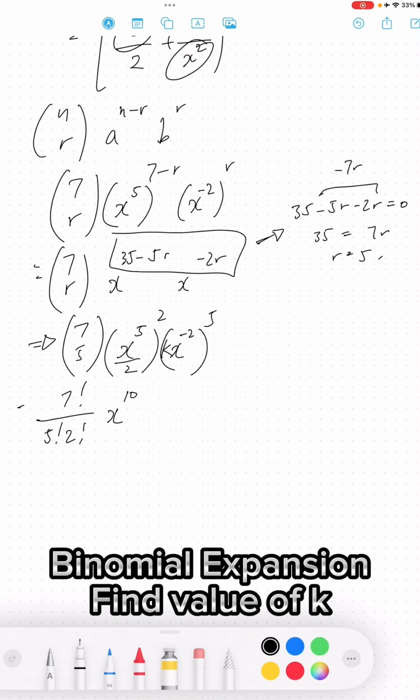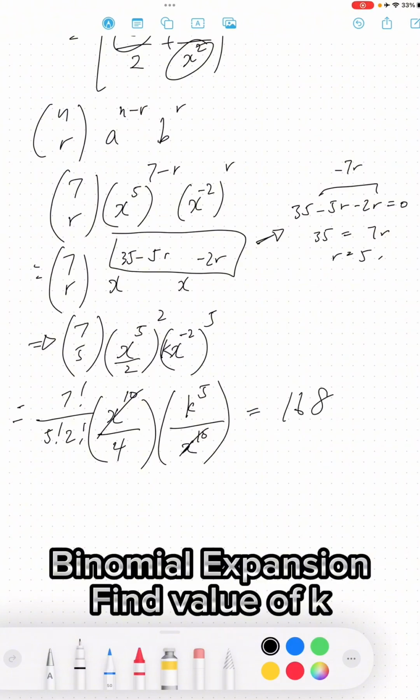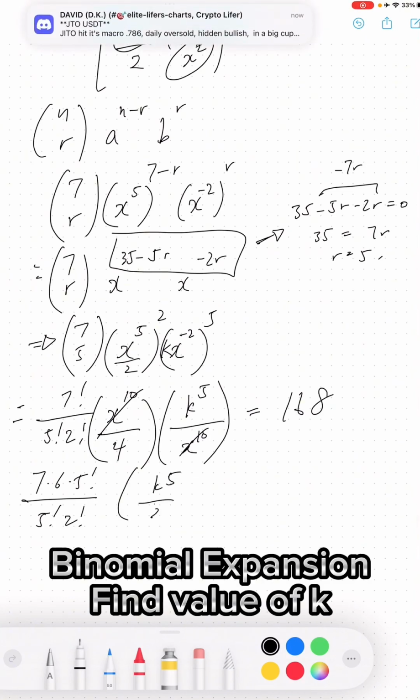So that's over 4 times k to the power of 5, and then the x to the power of 10 cancels out, and that's equal to 168, right? So we have 7 times 6 times 5 factorial over 5 factorial times 2 factorial, times k to the power of 5 over 4.